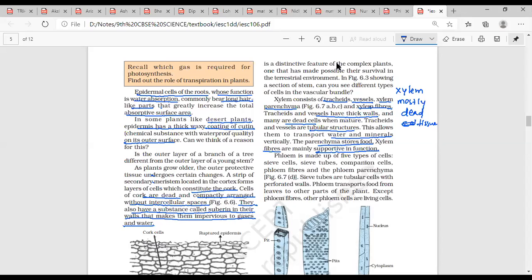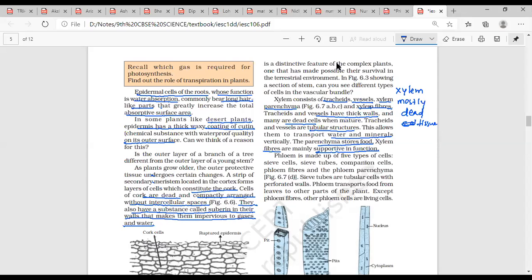Is it clear about the xylem? Ma'am, can you repeat the last point? Yes, ma'am. The last point is that fibers provide protection to these bundles. These pipes are present inside, so outside protection is provided by these fibers. Ma'am, it's almost the same function as parenchyma, right?